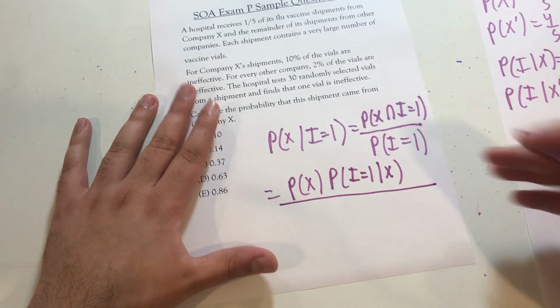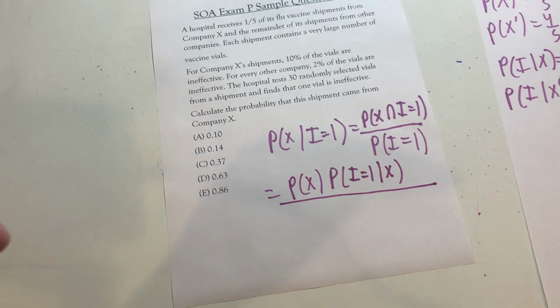Over, well, what's the probability of having exactly one ineffective vial from a sample of 30?